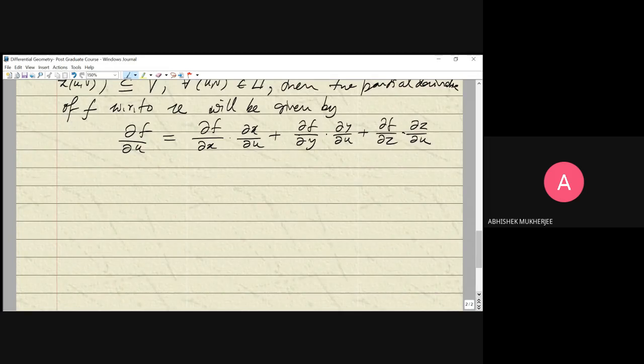Now if you consider the existence of continuous partial derivatives of all orders at a point as the definition of differentiability, then you can extend your definition, another version of the definition of differentiability. Suppose f be a function from V subset of Rn to Rm.